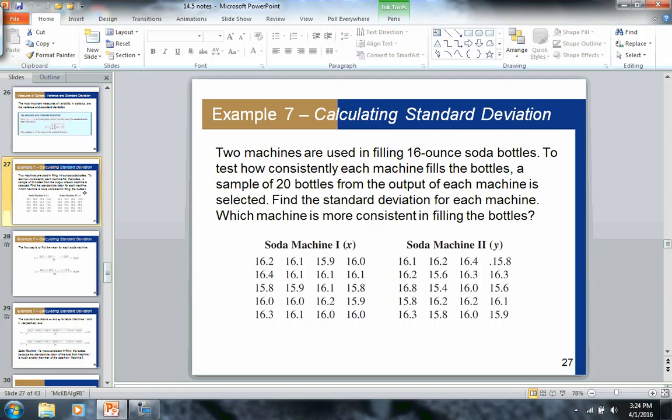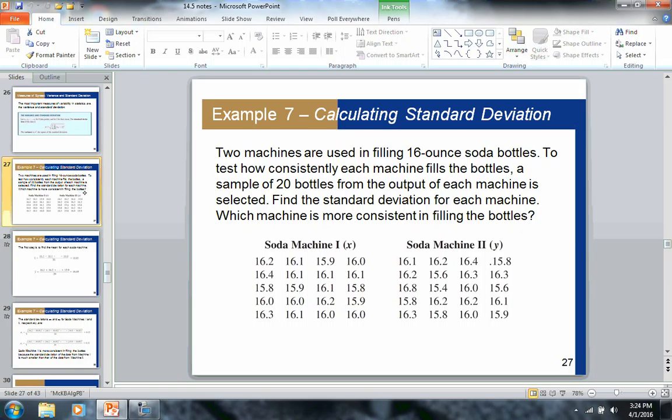So let's take a look at an example here, and we're not actually going to work it out. We're just going to read it and take a look at it because this would be very tedious. But you have two machines that are used to fill 16-ounce soda bottles, and you want to test how consistently each machine fills the bottles.